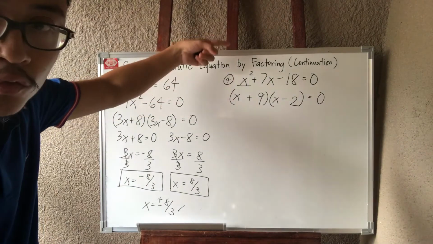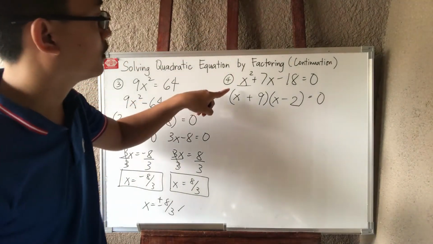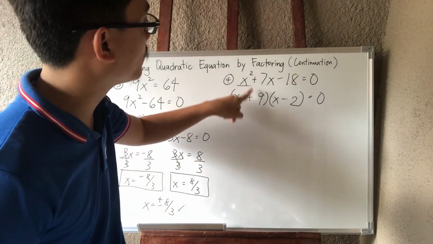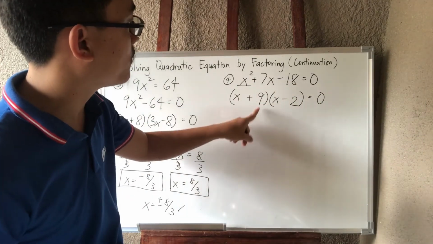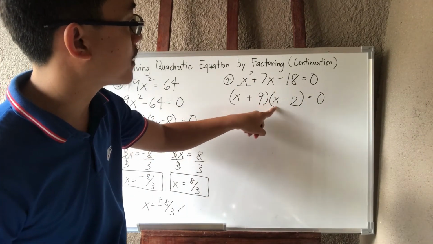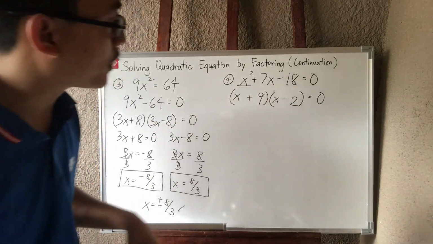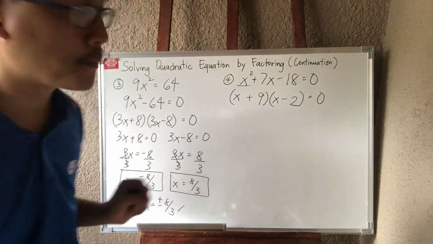Oh, if we're going to ibalik natin, no? So, x times x is x squared. 9 times negative 2 is negative 18. Yung sa 7, 9 times x, 9x, plus x times negative 2, which is negative 2x. So, 9 plus negative 2 is positive 7. So, tama yung factors natin.